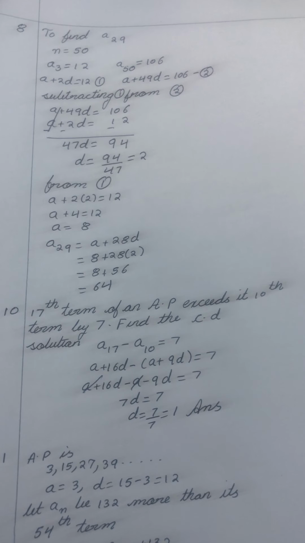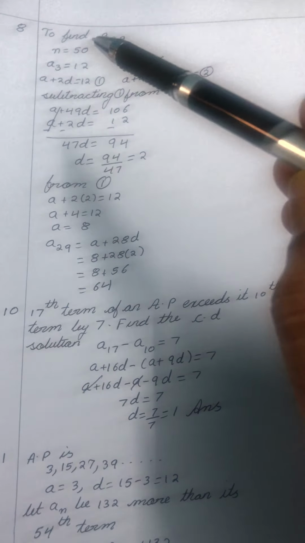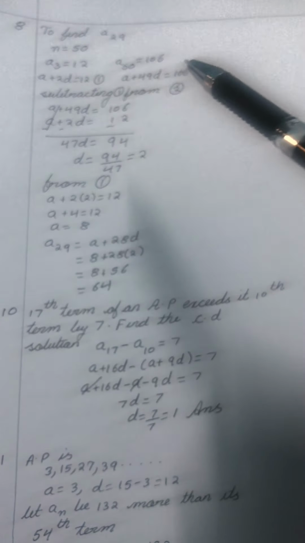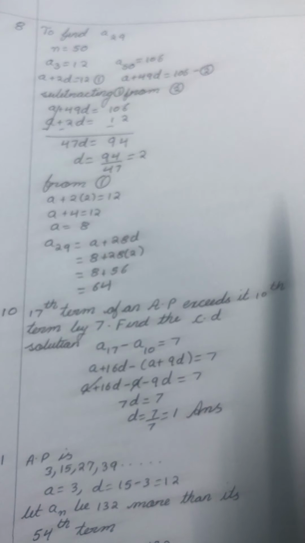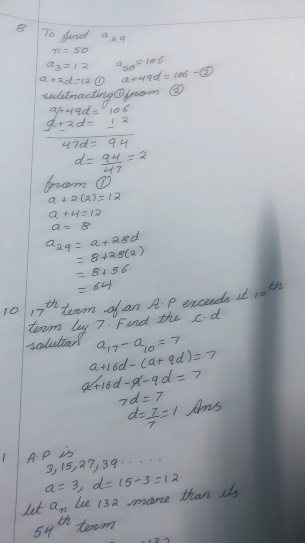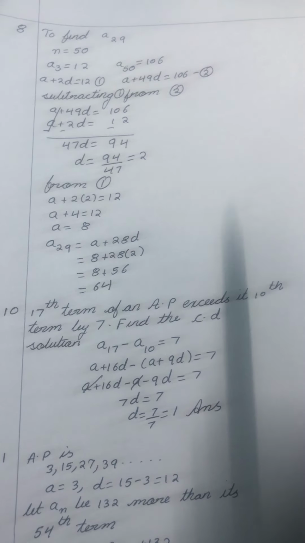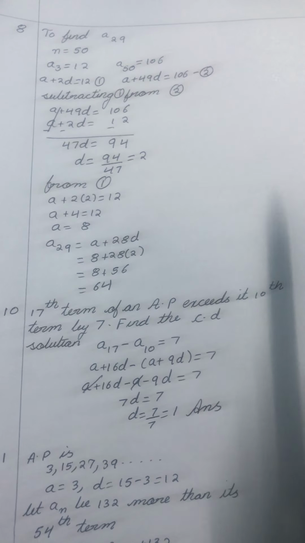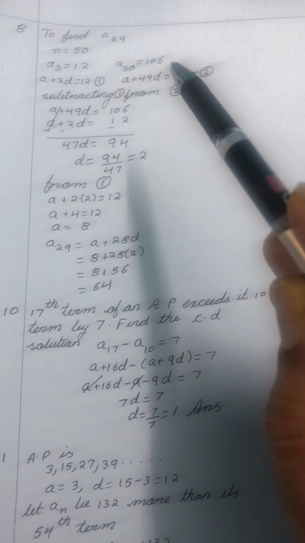In this AP the total number of terms is 50, and the last term is 106. That means a50 is 106, and the third term is 12. Since the total number of terms is 50, the 50th is the last term. So that's why a50 equals 106.